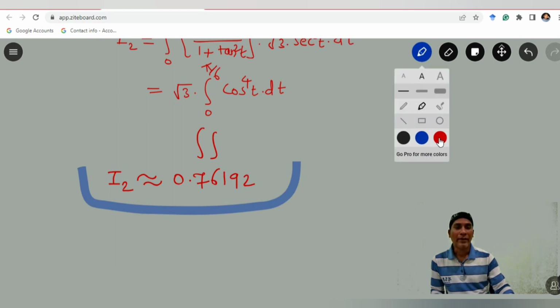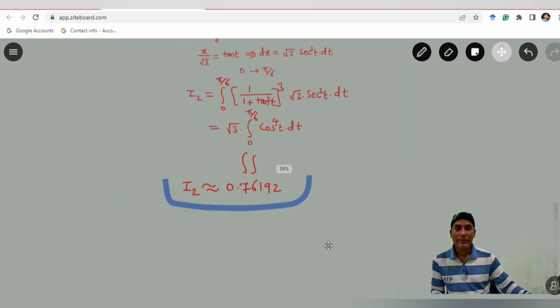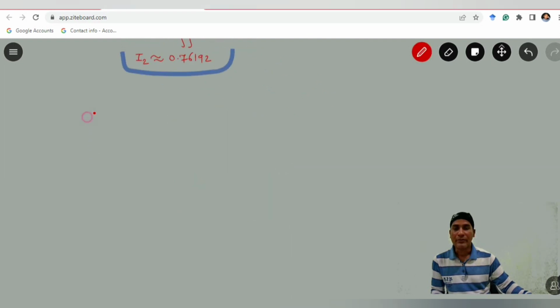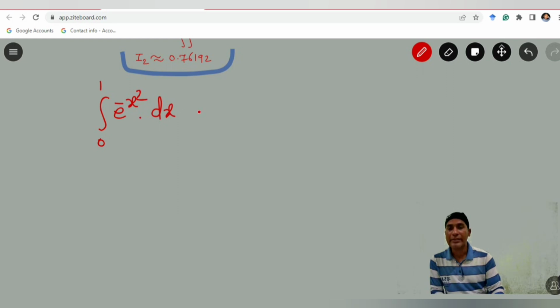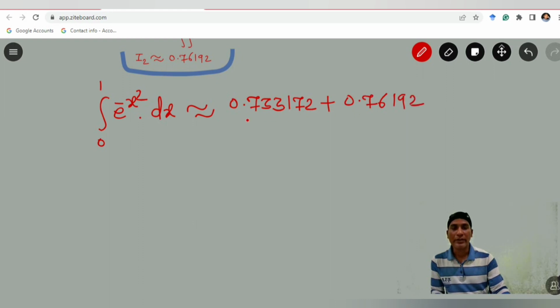Now we can put these values of I1 and I2 into the previous formula to get our approximation. So the integral over 0 to 1 of e power negative x square dx is approximated as 0.733172, the approximated value of I1, plus 0.76192, the approximated value of I2, divided by 2.